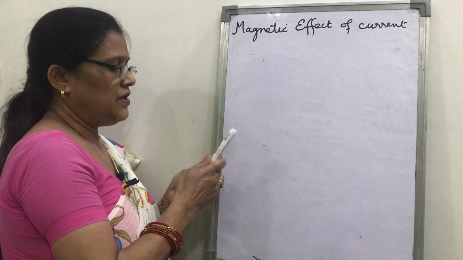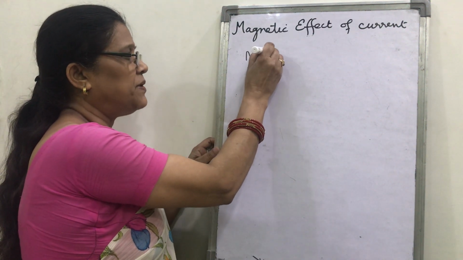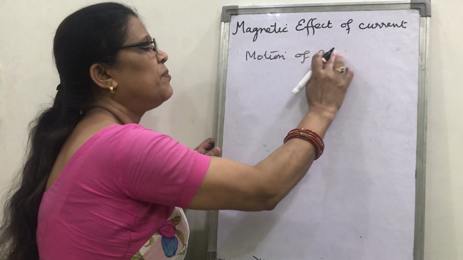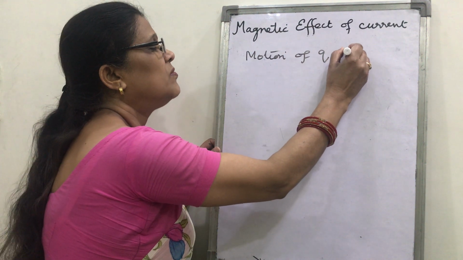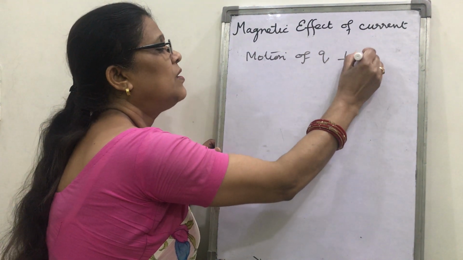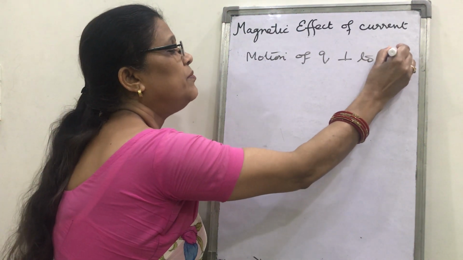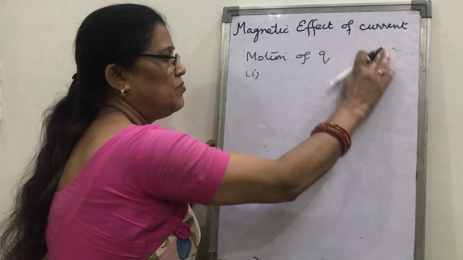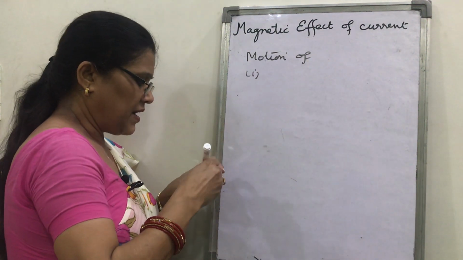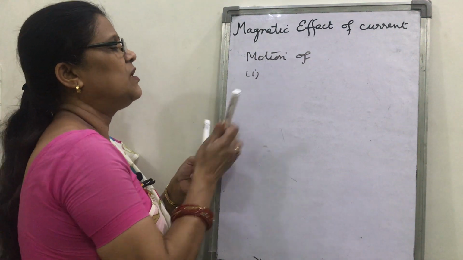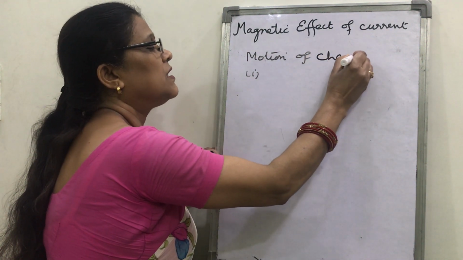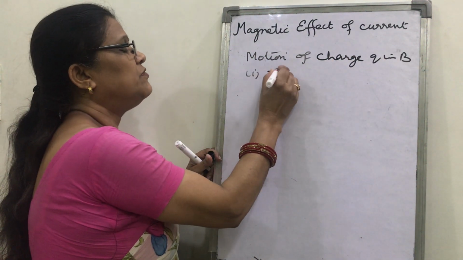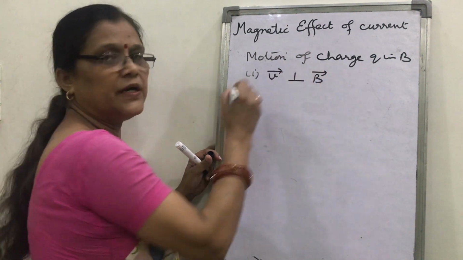So first case: motion of a charged particle Q in a magnetic field B, when its velocity is perpendicular to the magnetic field.